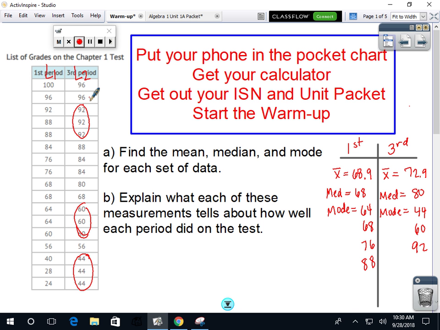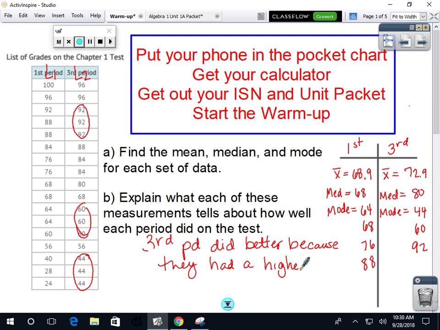All right, now they want us to explain what these measurements tell us about each period and how they did on the test. Well, I'm just going to sum it up by saying third period did better, because they had a higher average and median, which means the middle of their data and everything above it was greater than first period.